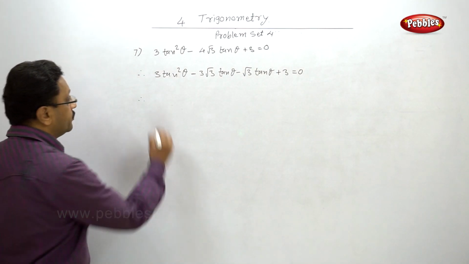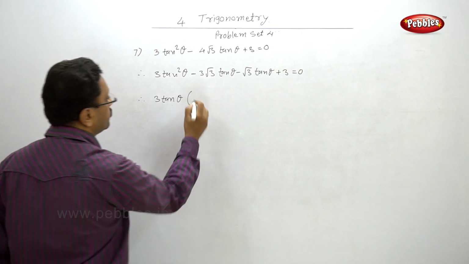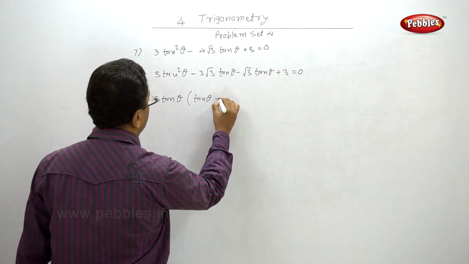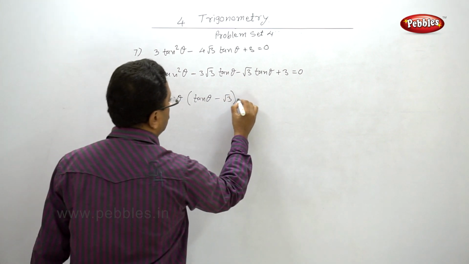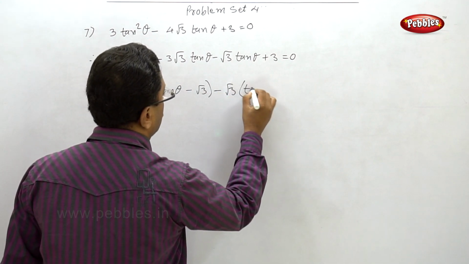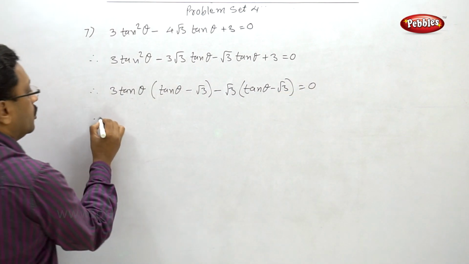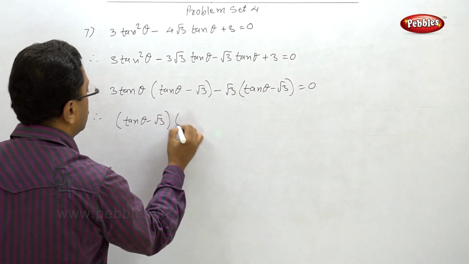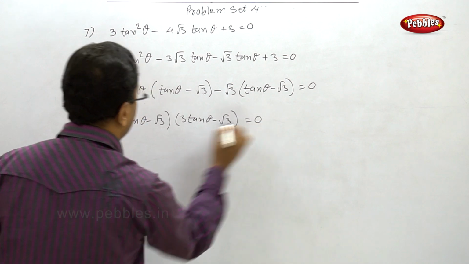So we have 3 tan theta into tan theta minus root 3, and here minus root 3 will go outside, tan theta minus root 3 equal to 0. So we have tan theta minus root 3 and 3 tan theta minus root 3 equal to 0.